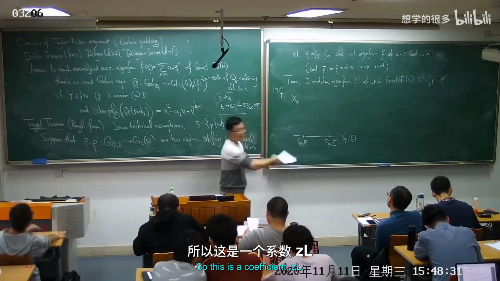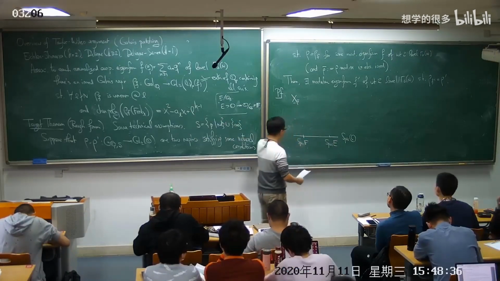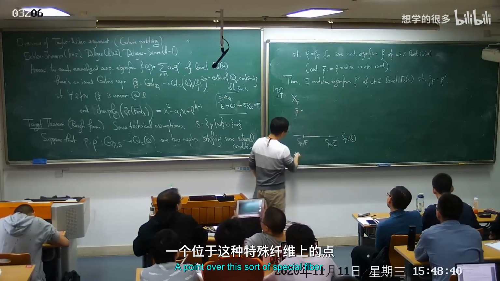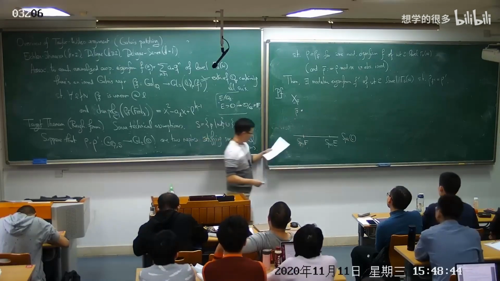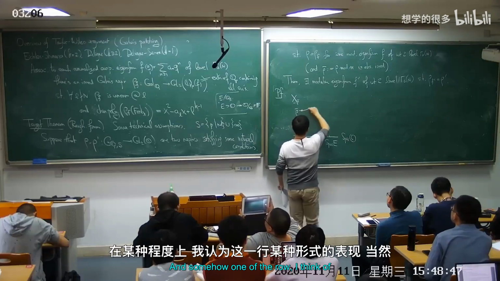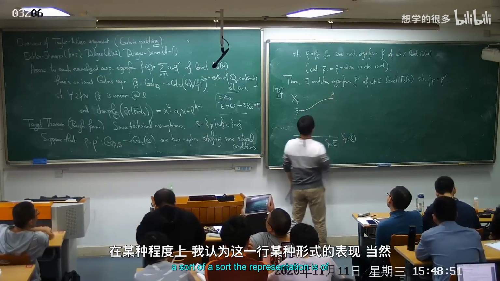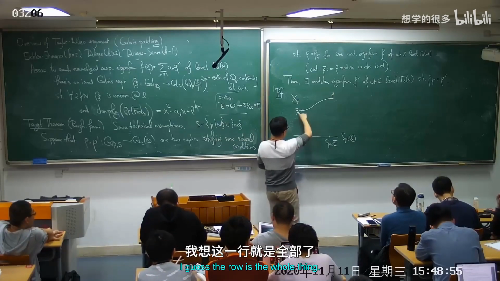So this is the coefficient ring Z_l, this is F_l, and this is the Q_l point, the generic point, and this is the special point. Every rho bar here is a point over the special fiber. I think of it geometrically.